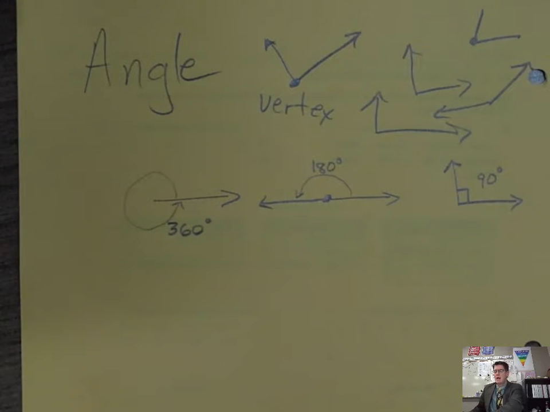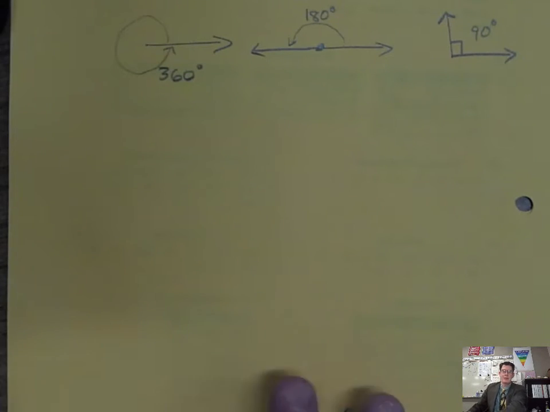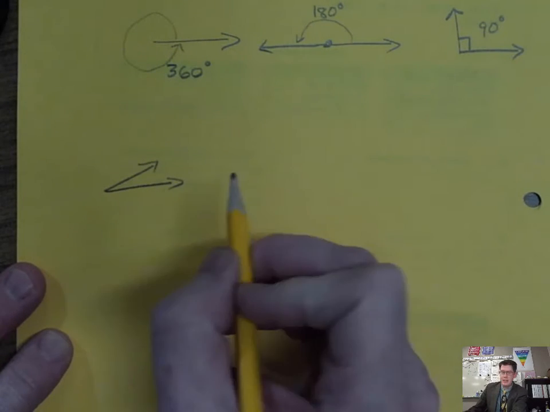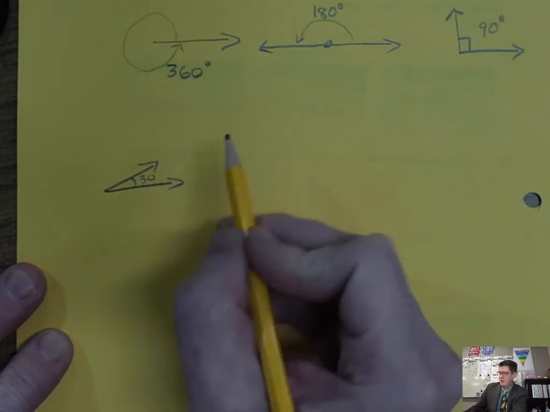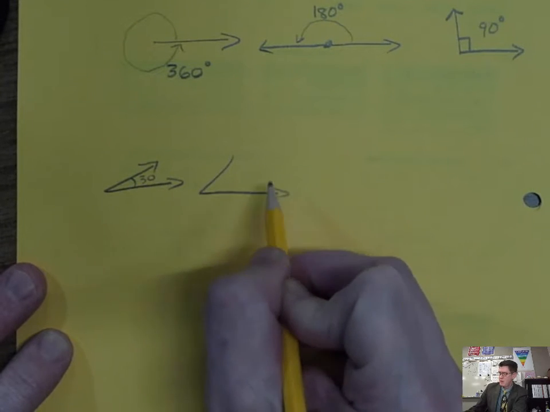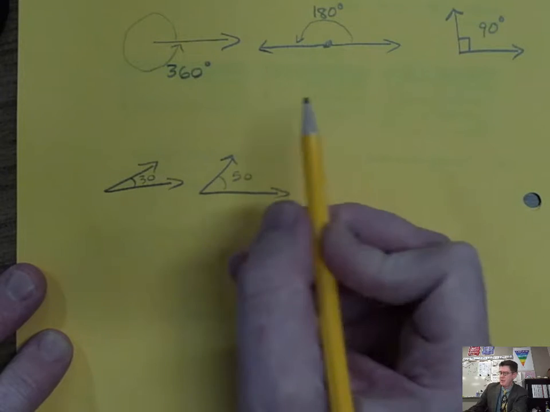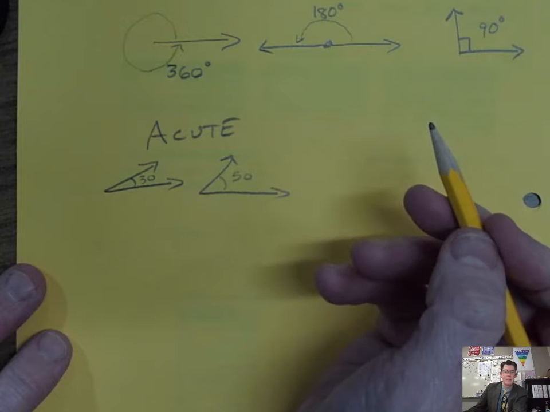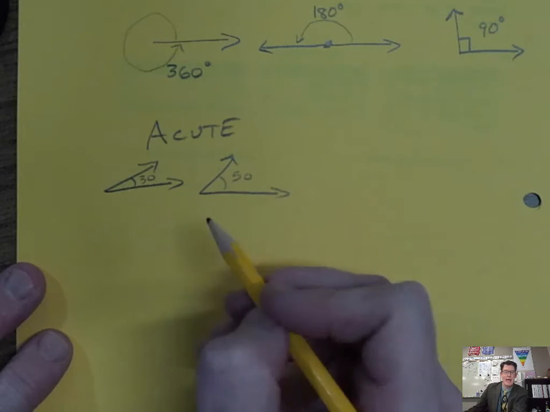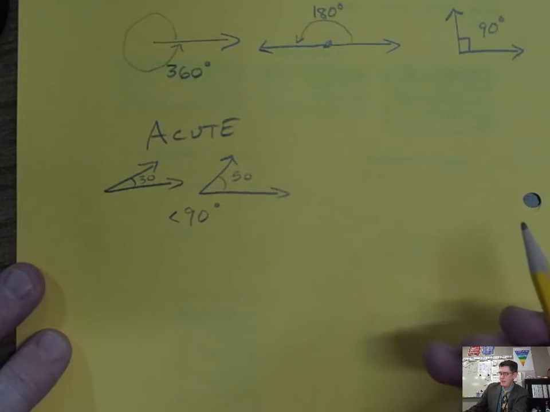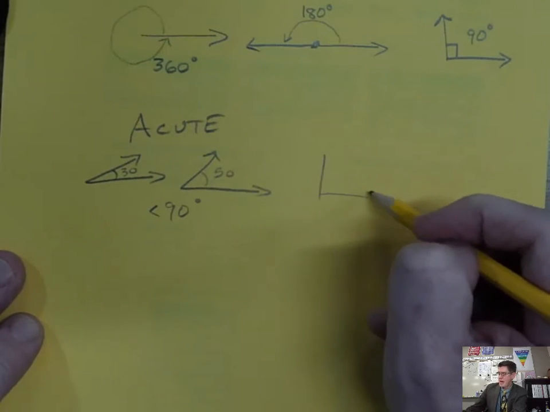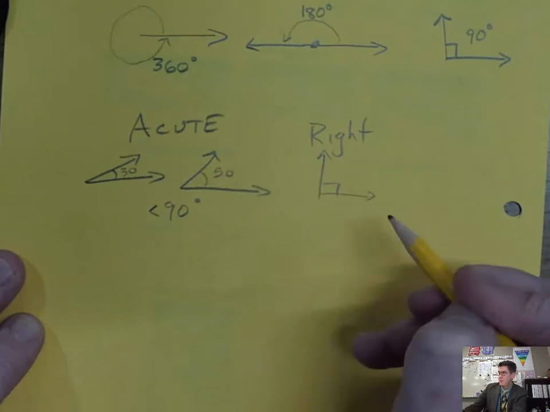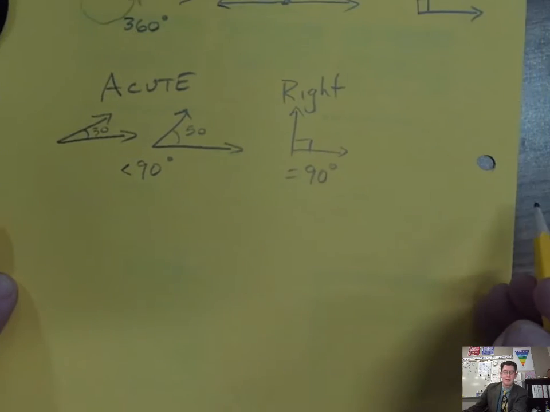Some other things about angles: if you have angles that are less than 90 degrees, maybe about 30 degrees, or maybe more like 50 degrees, anything less than 90 is called an acute angle. An actual 90-degree angle with this little box is called a right angle. Right angle equals 90 degrees.